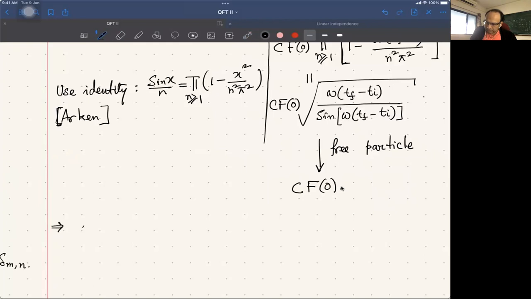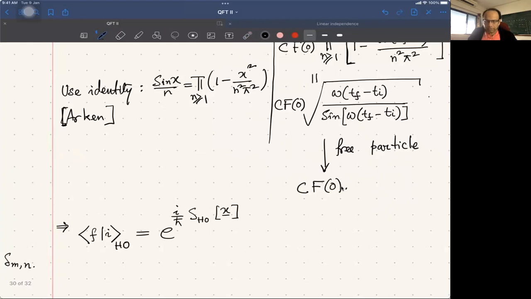So finally, the result that we get for the harmonic oscillator is e to the power i by h bar times the harmonic oscillator action of x, times the path integral, and that path integral was c f0 times the square root of omega (tf minus ti) divided by sine omega (tf minus ti).